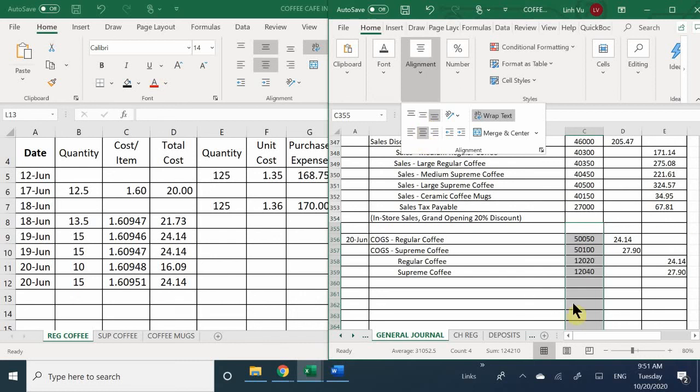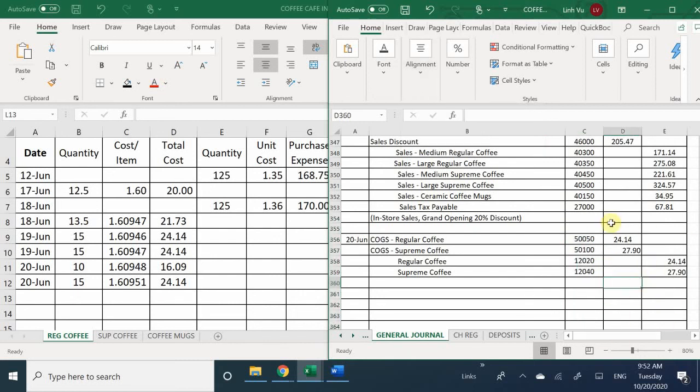There we go. Okay, so now that I have my numbers here, I'm going to also indicate my description down here. Same as the one above, in-store sales.